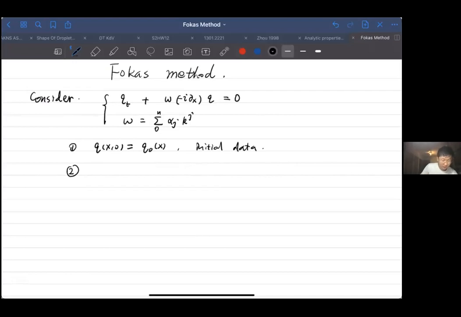And we have boundary data, boundary values. For the initial data, there are three cases: the whole real line, the half line and the interval. And for the boundary values, ∂_x^j q(0,t) = g_j(t).